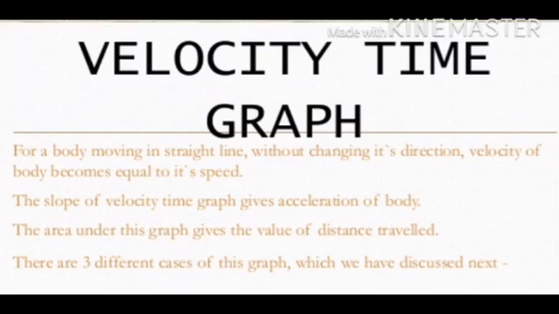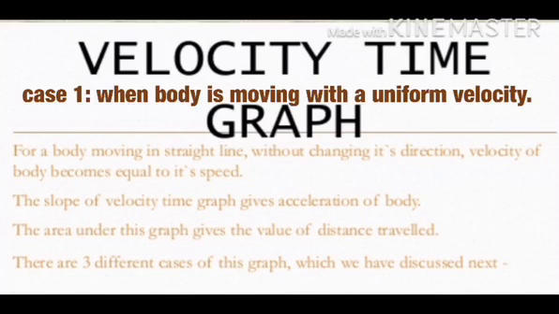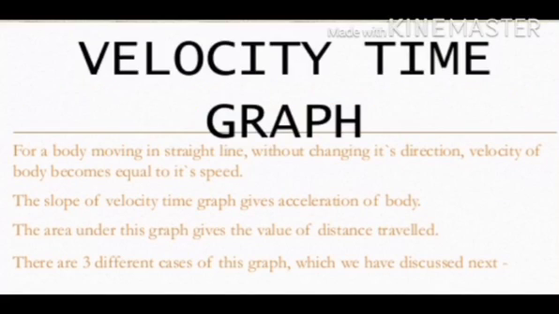Case 1: when the body is moving with a uniform velocity. As the velocity of the body is uniform, neither its magnitude nor its direction changes. Therefore, the height of its velocity time graph will remain the same at all instants of time. The velocity time graph will be a straight line parallel to the x-axis, as shown in the figure.